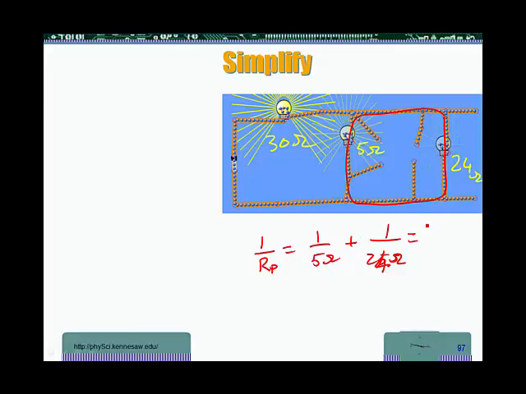So I'm going to have 24 plus 5 over 5 times 24, so over 120. So RP is going to be 120 over 29 ohms.